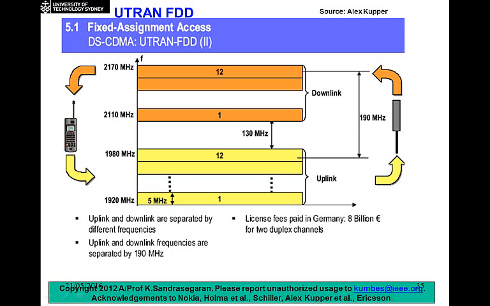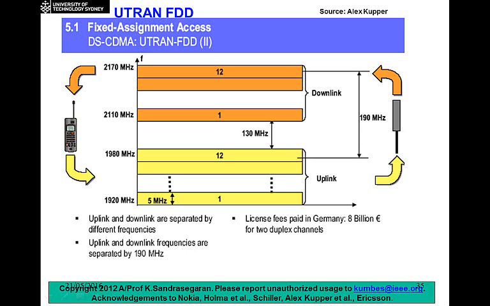So if you're using the FDD version of UMTS, you need 5 megahertz bandwidth for your uplink transmission, and 5 megahertz for your downlink. That's the minimum requirement. Some operators, especially the ones with more money, may have more than one of these 5 megahertz chunks. They may have two of these carriers and so forth.